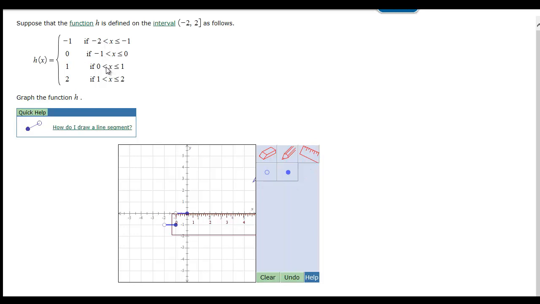So when x is bigger than 0 but less equals 1, y coordinate is 1. When x is bigger than 1 and less equals 2, y coordinate is 2. And again, all points in between have the same y coordinate.